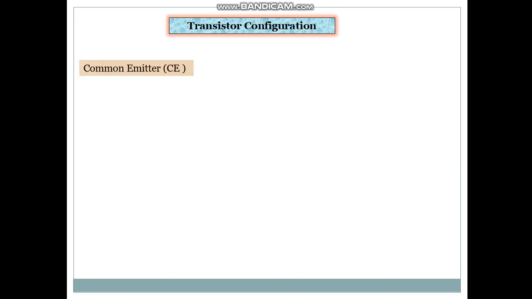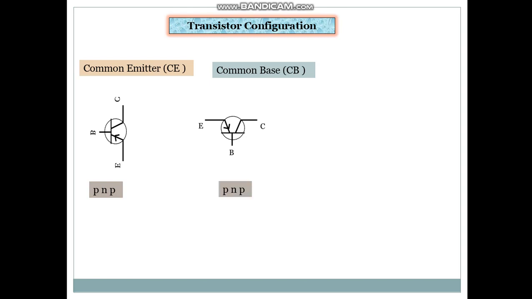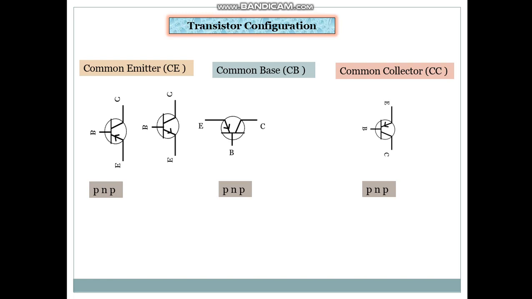We have the common emitter, the common base and the common collector for the PNP. Similarly, you can have for NPN also the common emitter, the common base and the common collector.